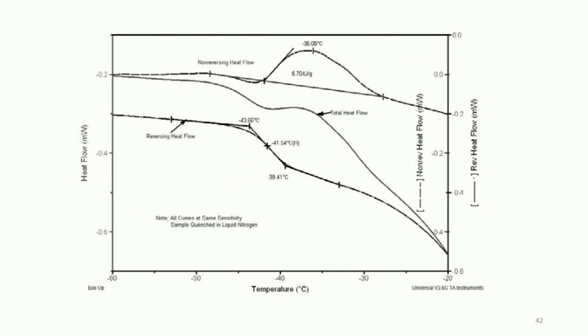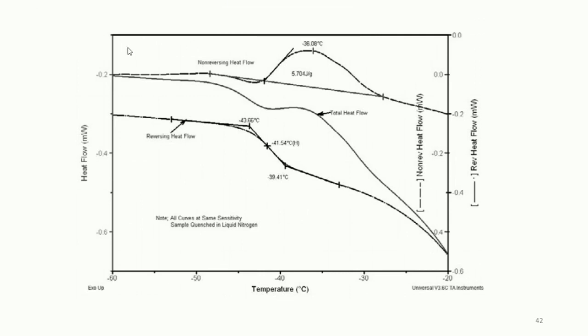Even at a slow average heating rate of 0.5 degrees Celsius per minute, modulated differential scanning calorimetry provides extremely high sensitivity for characterizing the complex structure of frozen solutions used for freeze drying.